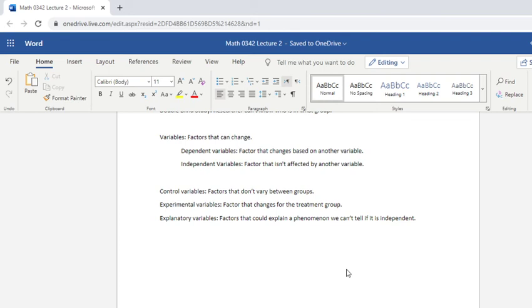Next, we have a confounding variable. So a confounding variable is what I was talking about on Friday when I was mentioning the example of the firefighters and the damage that fire causes.